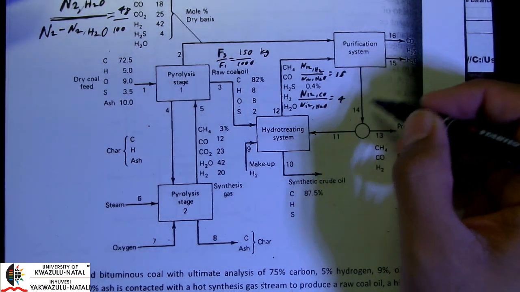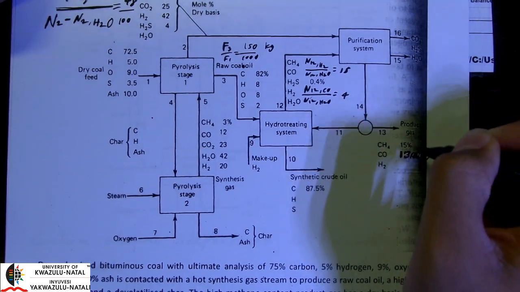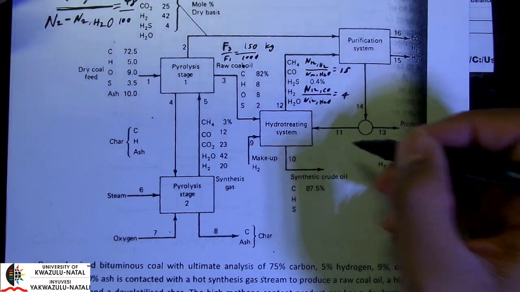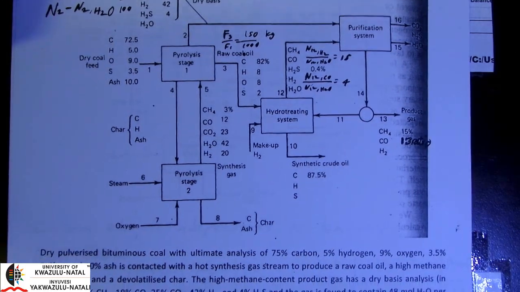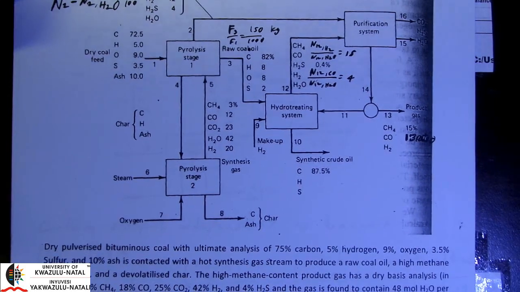Okay, so we have our product gas here, and it is split off. This is a splitter, and so we have the following compositions which will apply to stream 14 and stream 11. And this particular composition is suitable for methanation.